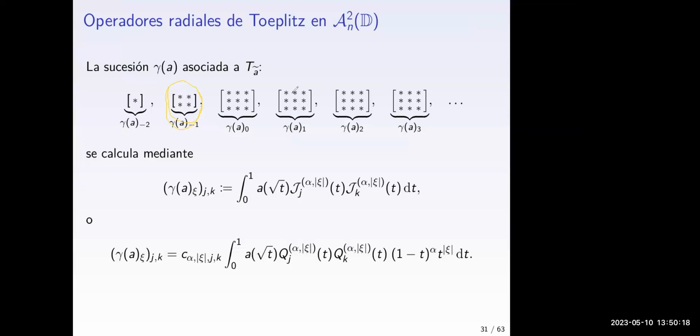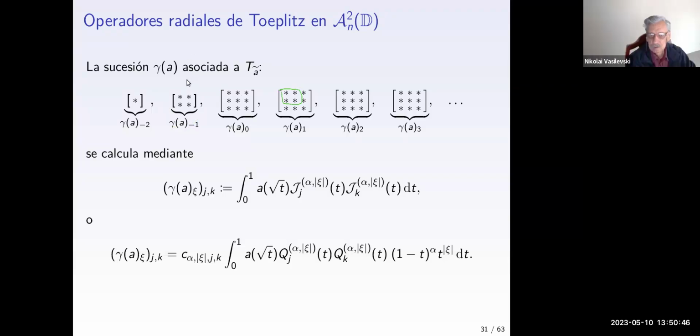Okay, this submatrix of gamma 1, yeah. Oh, I'm sorry, gamma 1. Gamma minus 1 will be a submatrix of this gamma 1.